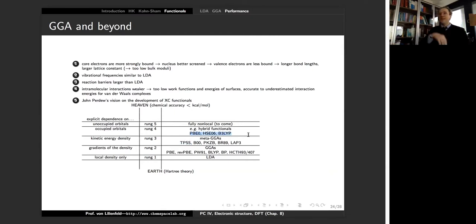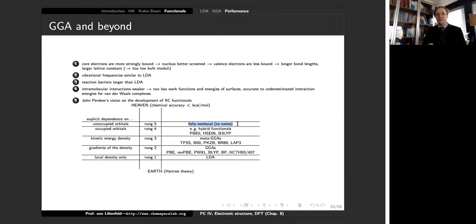Hybrid meaning they hybridize the Kohn-Sham idea with putting the dirt under the rug with the Hartree-Fock exchange operator. And then finally, rung 5 should be something where you also include unoccupied orbitals explicitly, and that connects us to some of the most advanced quantum chemistry methods that go beyond Hartree-Fock.